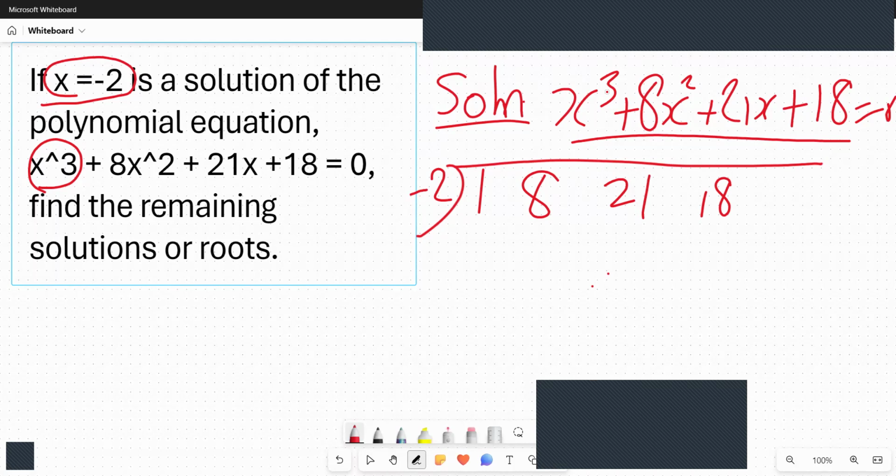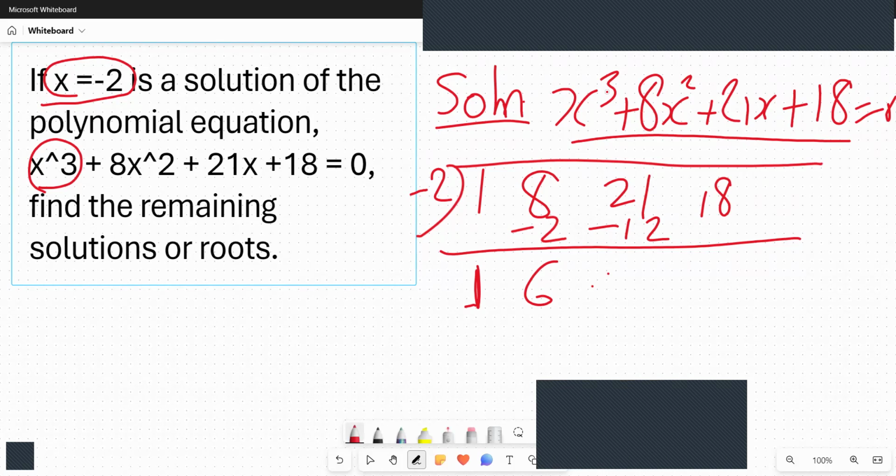Now, bring down the first one, then multiply the first number by -2. 1 multiplied by -2 is -2. Write my answer here. Then add 8: 8 and -2 gives 6. Multiply 6 by -2, and I have -12.